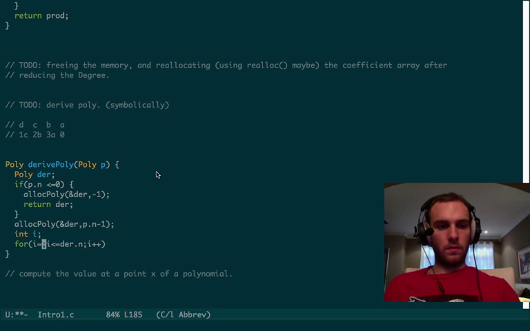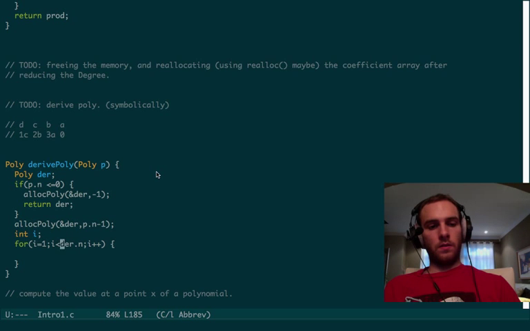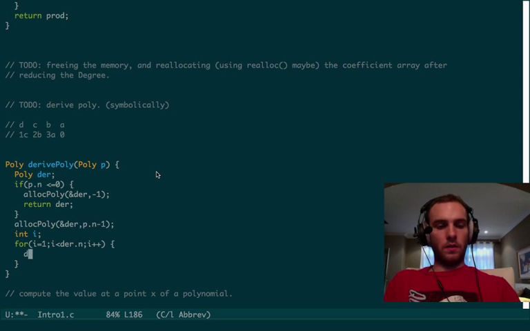Actually, let us start at 1. So we loop from 1 to n minus 1. So the first element is going to be dir, not coef, I minus 1.